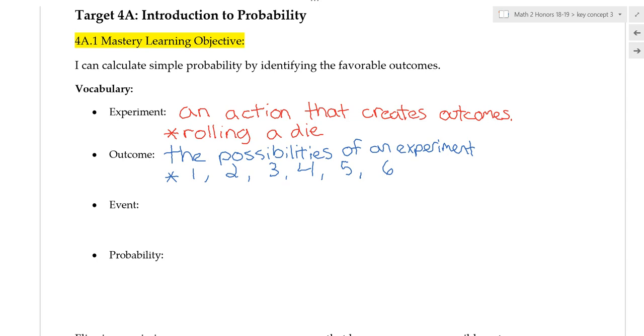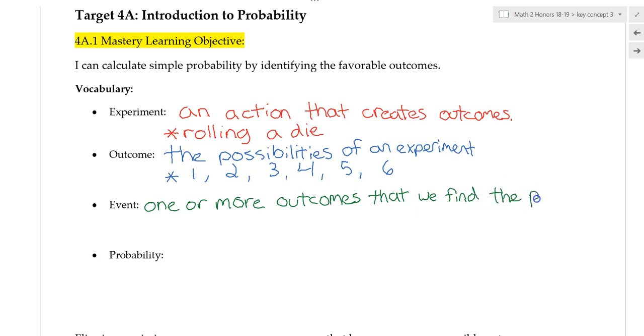Now, our event is one or more outcomes that we find the probability of. For example, event A, I'm going to say roll a 1.